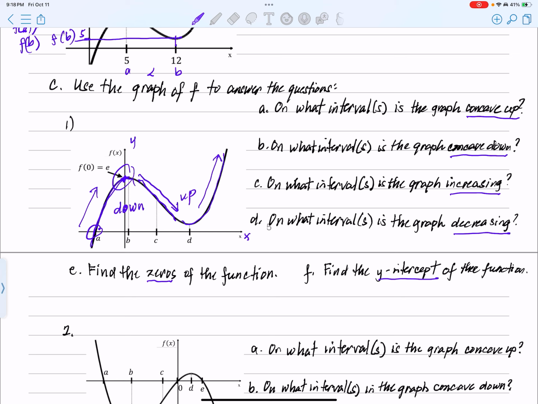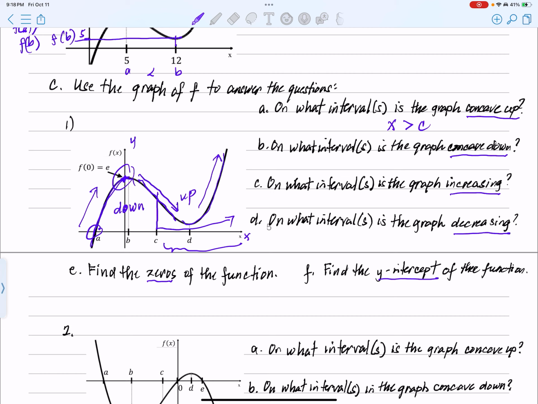On what interval or intervals in the graph is it concave up? Okay, when it starts to go up, we look this way, from here until there. It starts to go up. So that means our x value, it started to go up when x is greater than c.